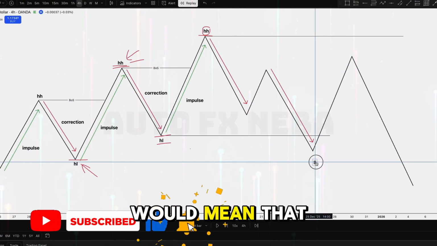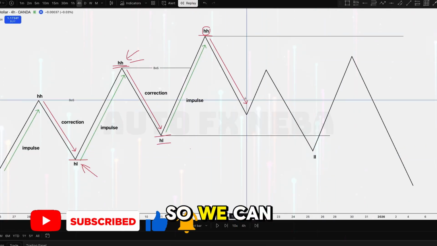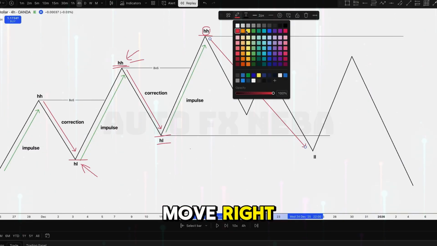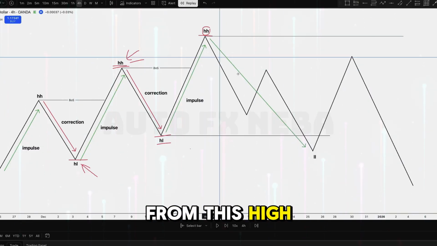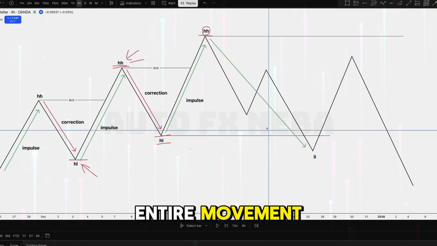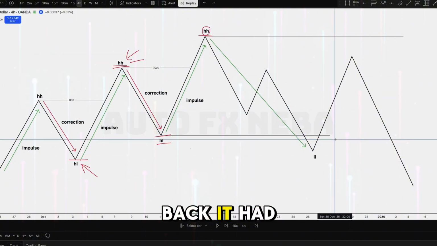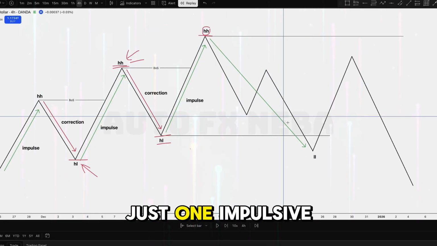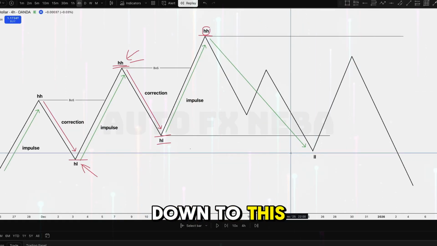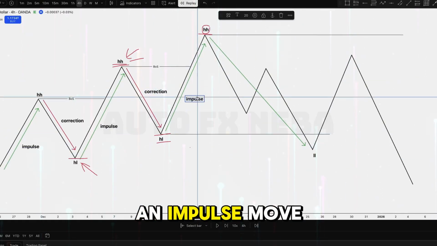That would mean that this entire movement, so we can simplify this to one single move, is an impulsive move, right? Because we went from this high and we impulsed all the way down to here, breaking through this low. So this entire movement, even with the little bit of chop and pullback it had in the middle, is now just one impulsive move because it's the next pro-trend movement from this high down to this low. So that is going to be an impulse move.